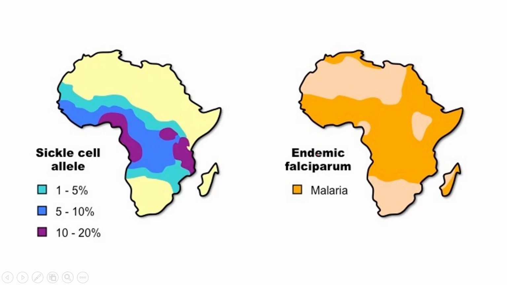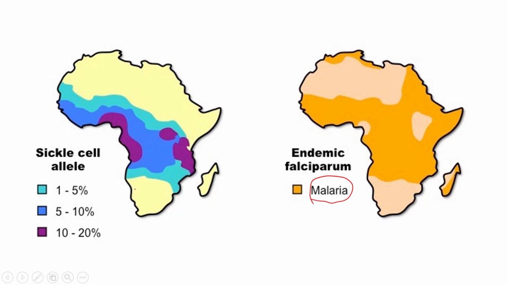And that word endemic just means common in the population. So there's mosquitoes that live in Africa that carry a parasite called falciparum. And those malaria zones overlap with where the sickle cell allele is found in those people.